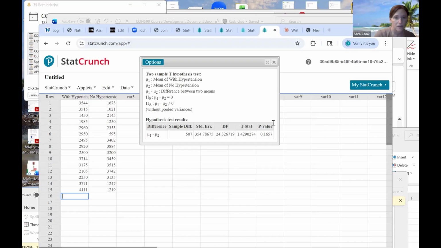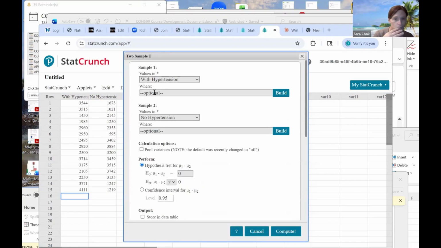Okay. So if I go into options, I can also go straight to computing a confidence interval for the difference in the means. It's a very similar thing that we're doing, and I'll show you.